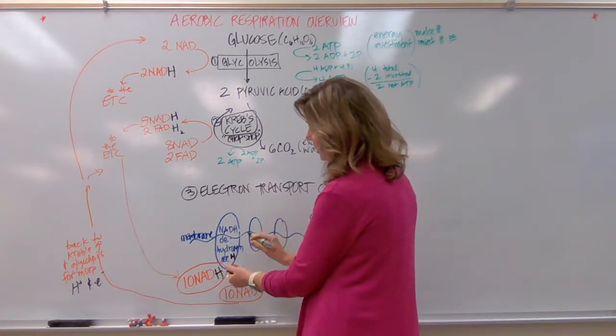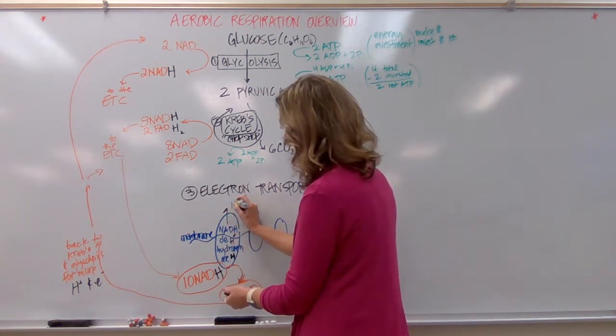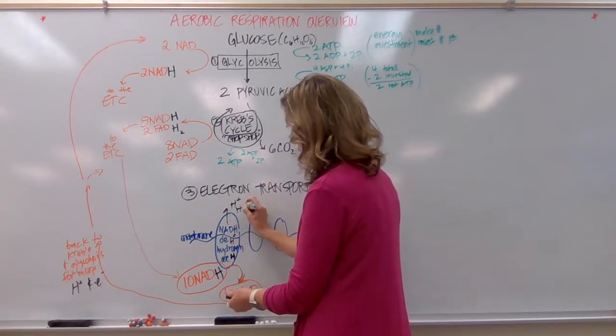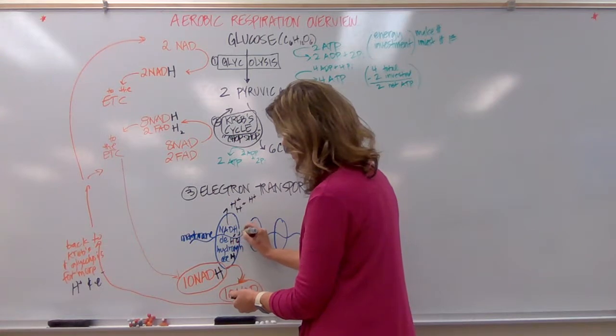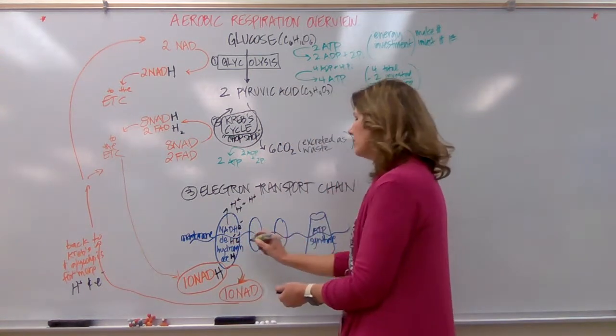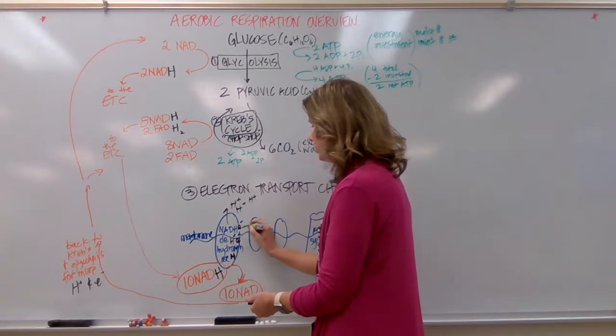There will be protons that are going to be kicked out of the cell. However, those electrons, remember, are very volatile. So electrons have to be very carefully transported.